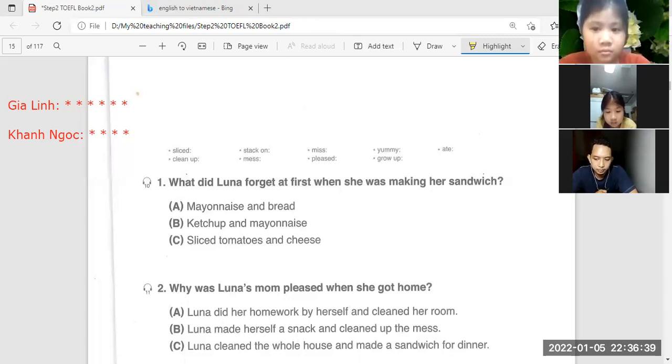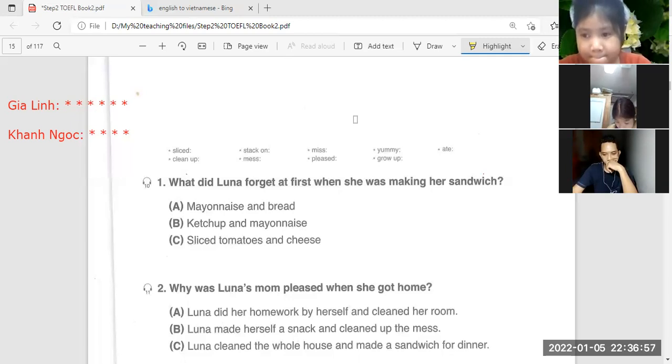My sandwich is all ready now, thought Luna. It looks so yummy. After she ate her sandwich, she cleaned up the mess on the table before her mom came home. Luna's mom was very pleased when she got home. You are all grown up, sweetheart, said Luna's mom.